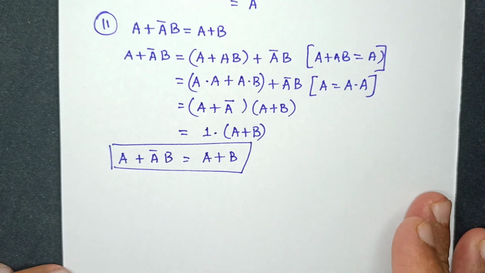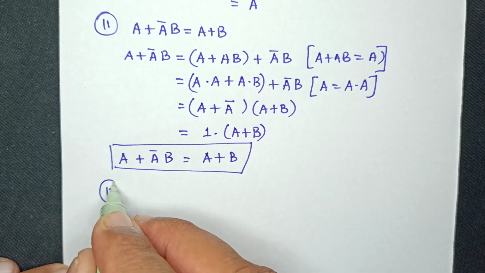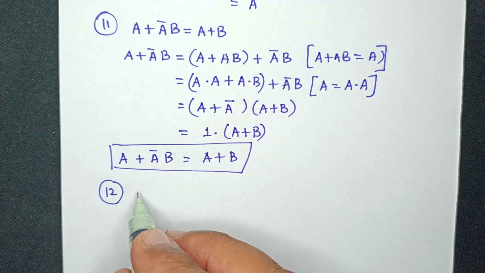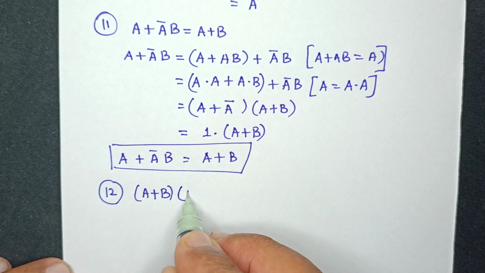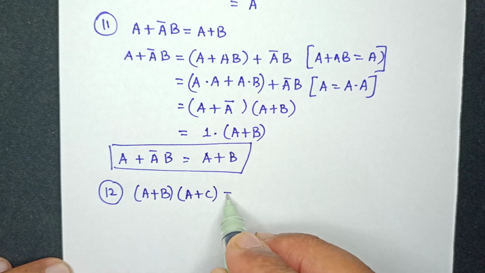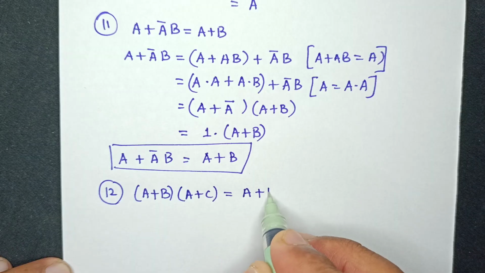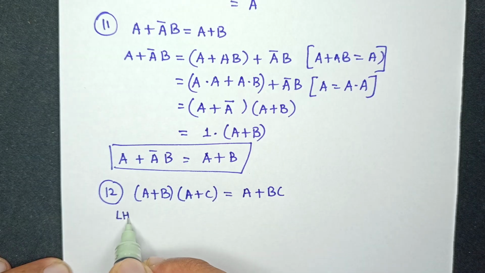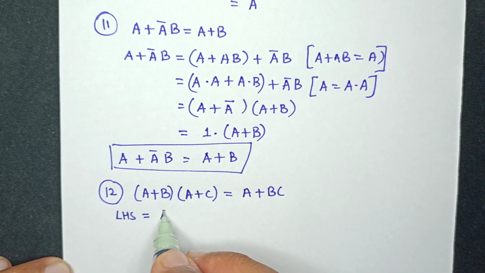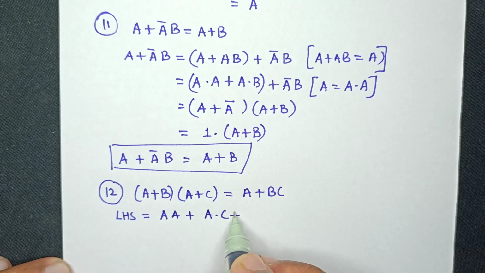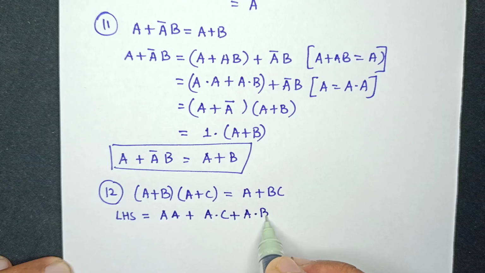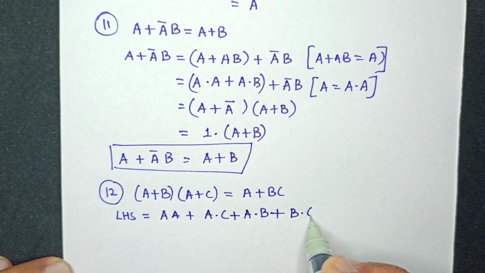Now let us quickly start with the last rule of Boolean algebra, rule number 12, which says that the value of a plus b multiplied by a plus c can be written as a plus bc. Now let us solve this using the left hand side. So this is a multiplied by a plus a multiplied by c plus a multiplied by b plus b multiplied by c.